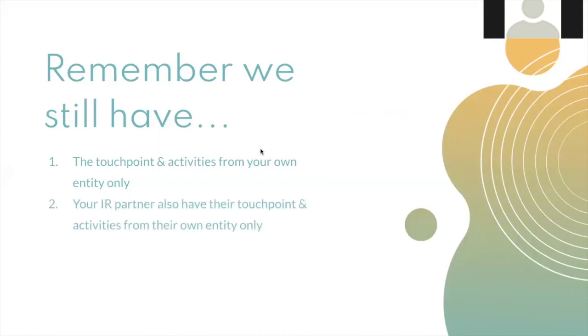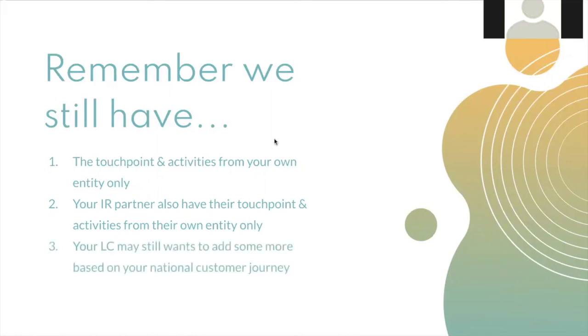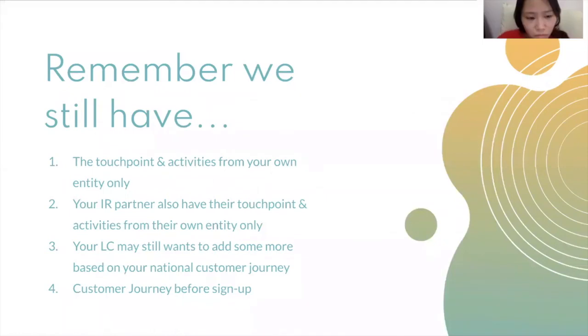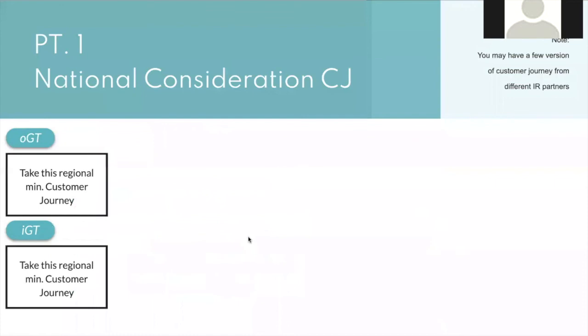Secondly, your IR partner may also have other touch points, especially for the entities who are not present here, so remember you also need to follow up. And last but not least, every LC is going to have something different based on your national customer journey. Our customer journey goes from apply to approve, but actually we still have the part before sign up as well. So here are some suggestions for the coming part that you can work on.